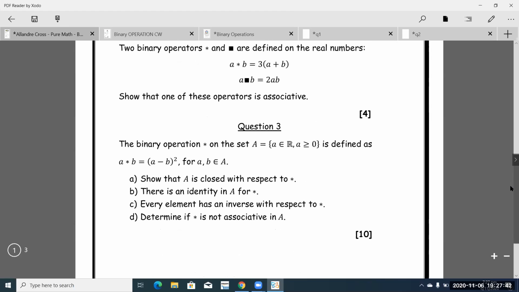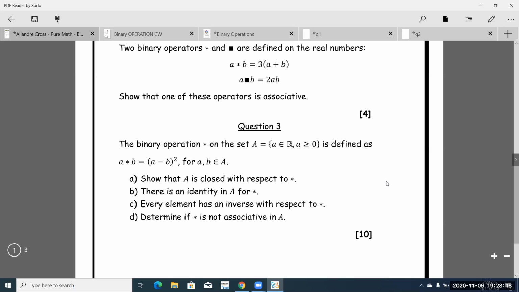Question 3 says, the binary operation star on the set A, where A is a real number that is always greater than or equal to 0, is defined as A star B is (A minus B) all squared, for all A and B elements of the set A. It says show that A is closed with respect to star, find the identity for star, and then find the inverse, and then determine if star is not associative.